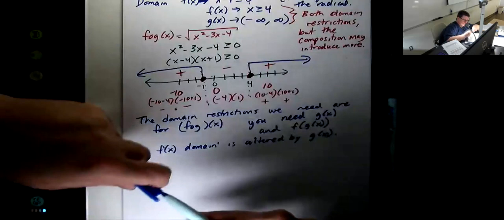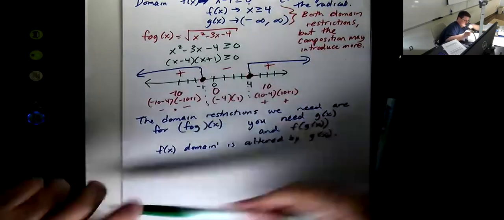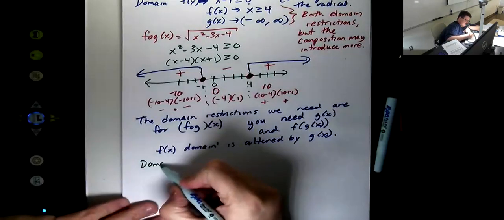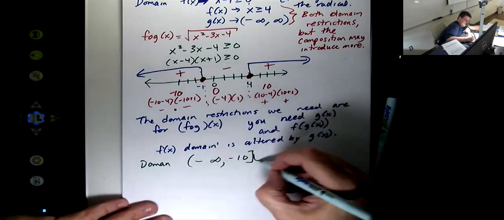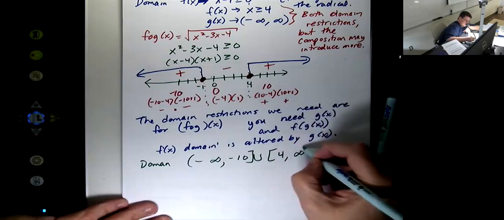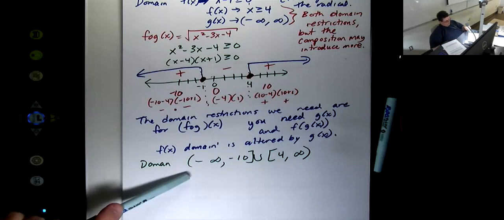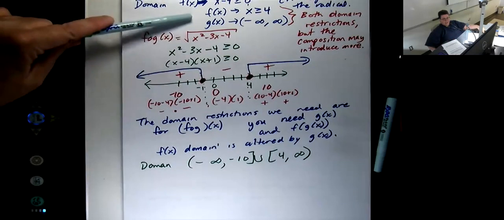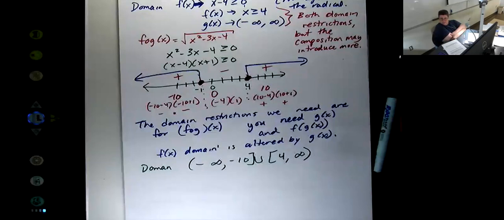So we're looking for the overlap of g of x, which is all real numbers, and this. So the domain here is going to be negative infinity to -1, in union with 4 to infinity. By having g of x plugged in, we've actually extended f of x's domain. Now more stuff works in the new function. A little tricky. I think we're already almost into the next class.